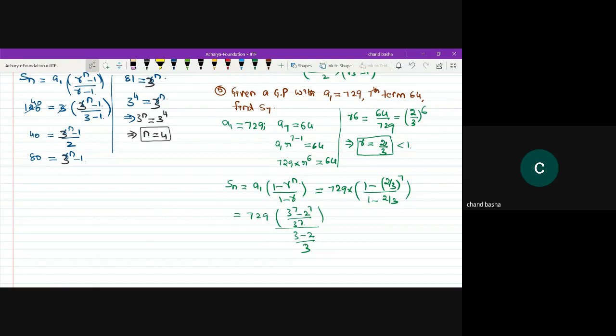So one 3 will get cancelled, leaving 3 power 6. So this is equal to 729 divided by 729, and in the bracket, what am I going to get? 3 power 7 value minus 2 power 7, that is 2187 minus 128, which is equal to 2059, the required answer.